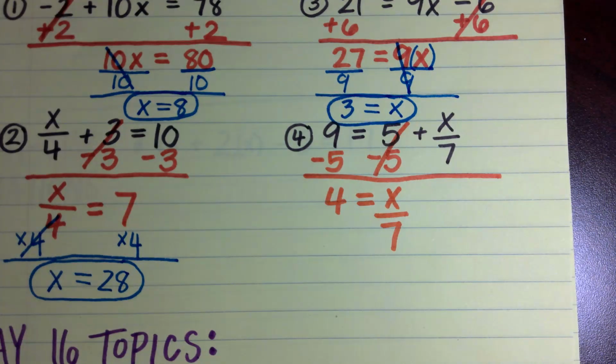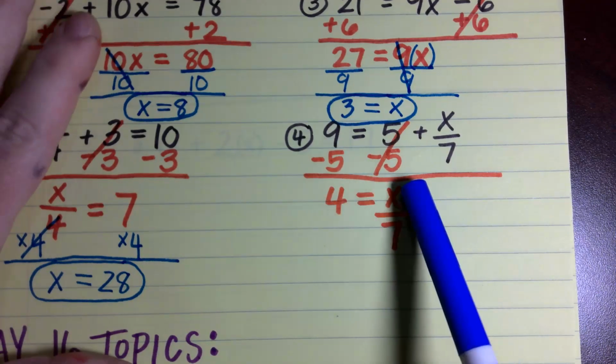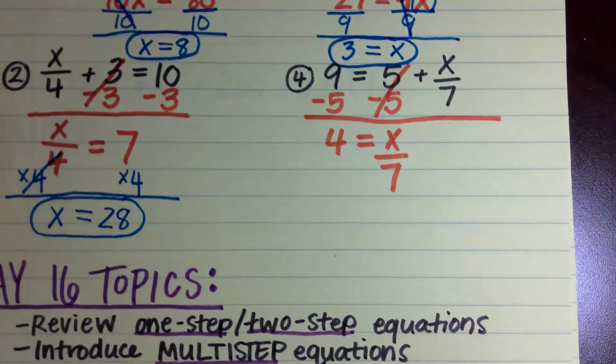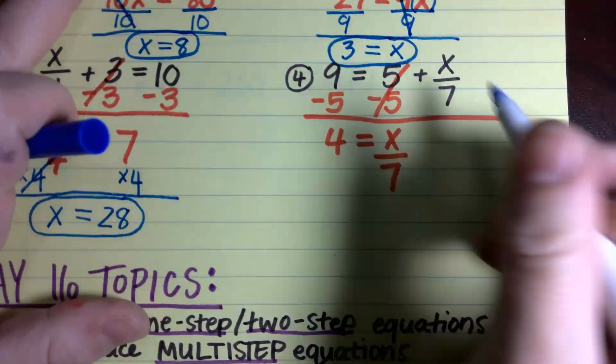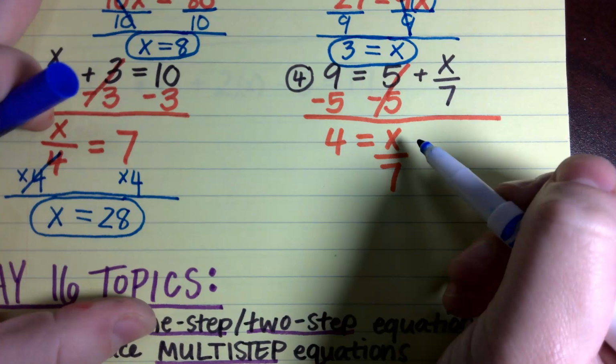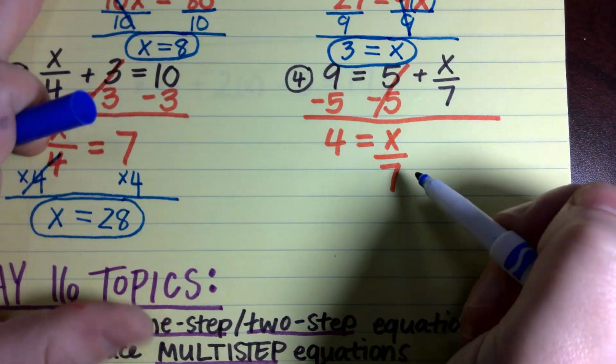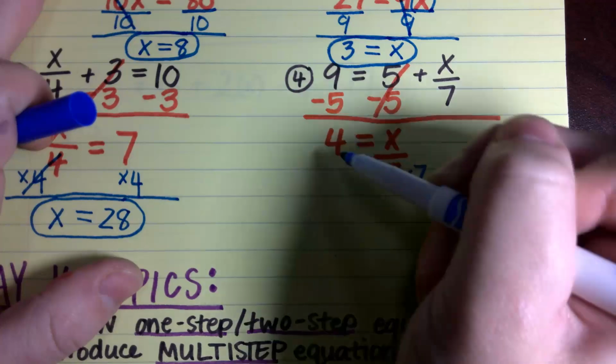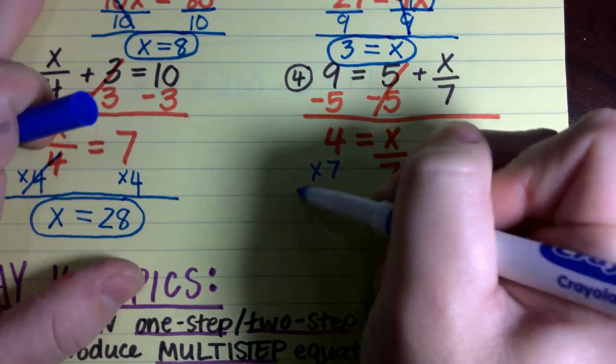Okay, we have a whole new equation now. We have 4 equals x divided by 7. How do we get rid of division? We multiply. So on this side here, to get x by itself, I need to get rid of that divided by 7. So to make it cancel, I'm going to do times 7. And I need to do that to both sides.